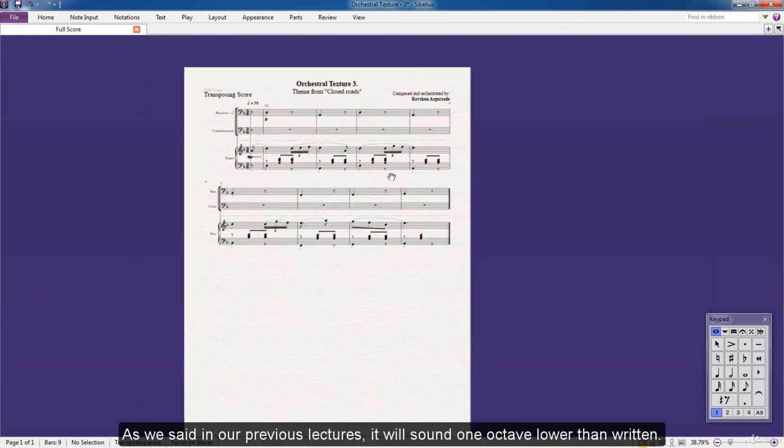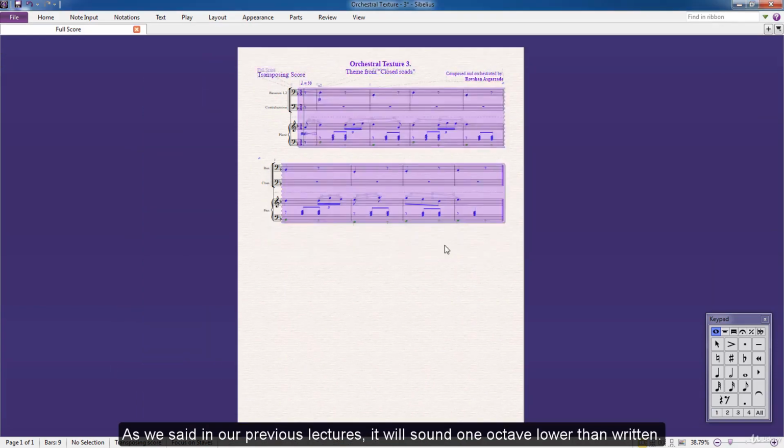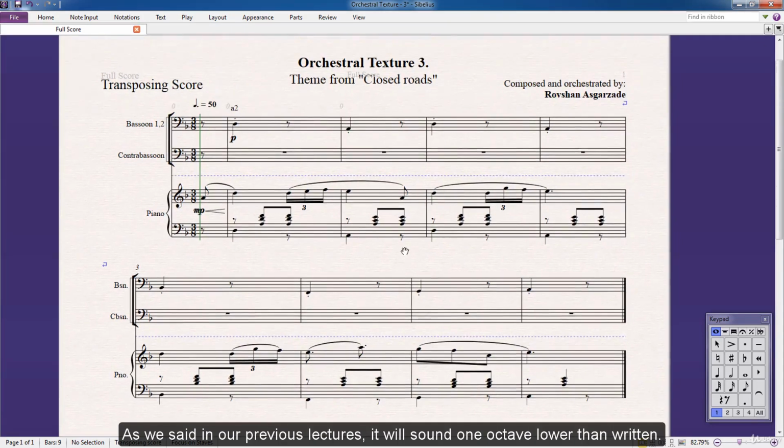As we said in our previous lecture, it sounds an octave lower than written.